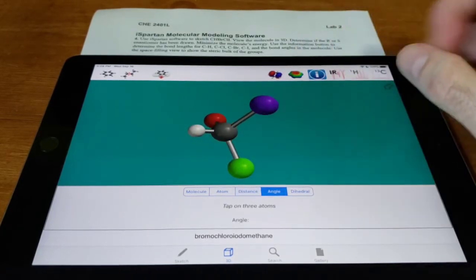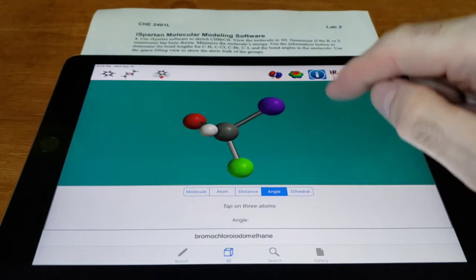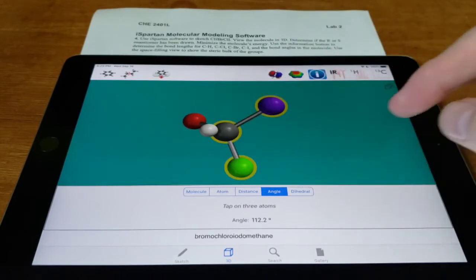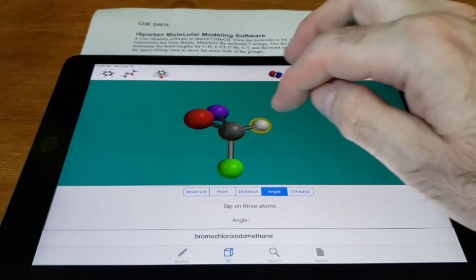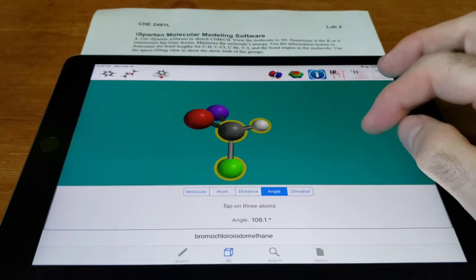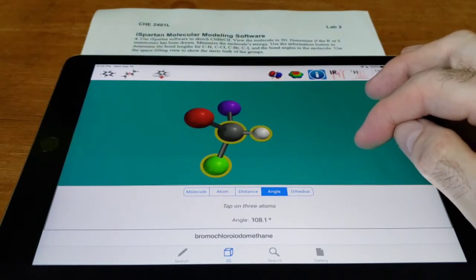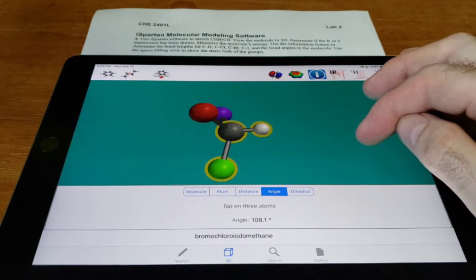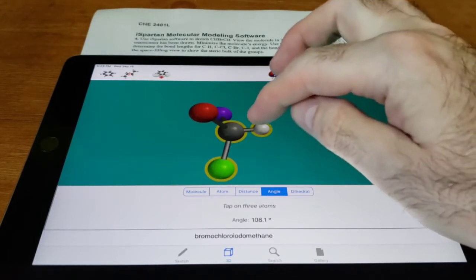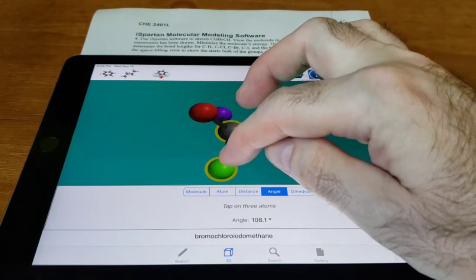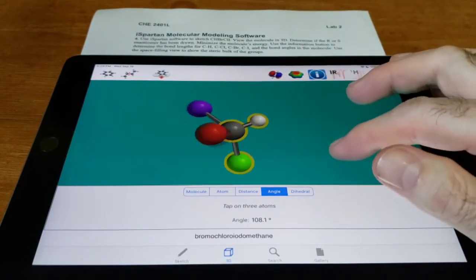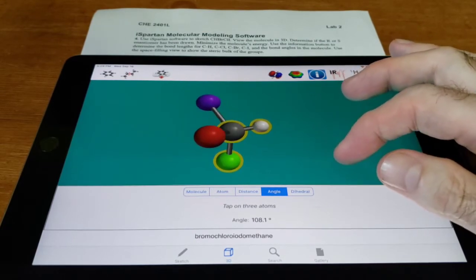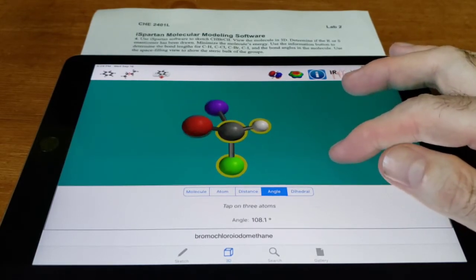Okay, let's look at some angles. I can either pick out two bonds or pick out three atoms and find what the angle is between those atoms. So the angle between the hydrogen, the carbon, and the chlorine is 108.1. That's squeezed in from the ideal value of 109.5.